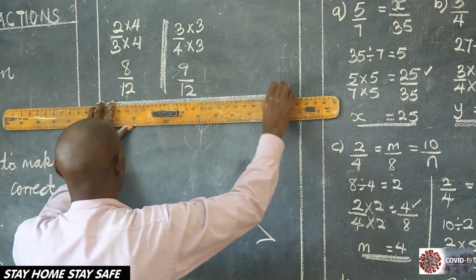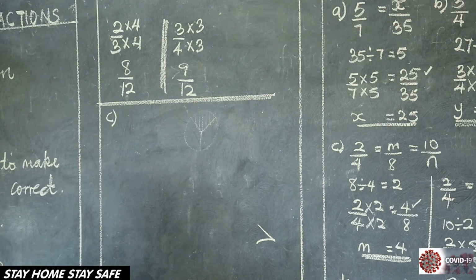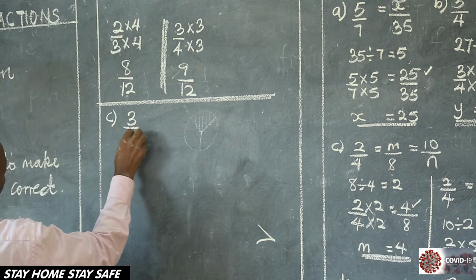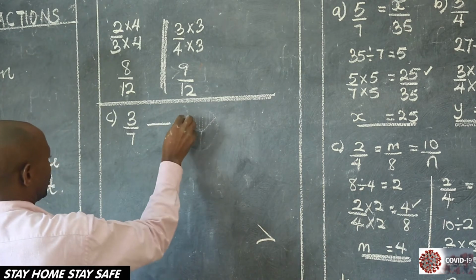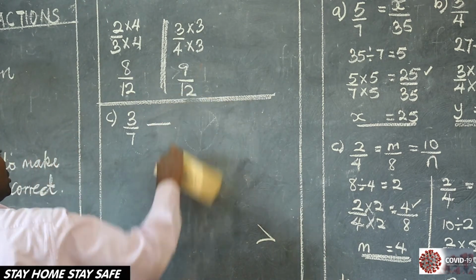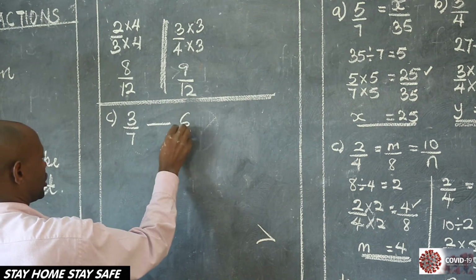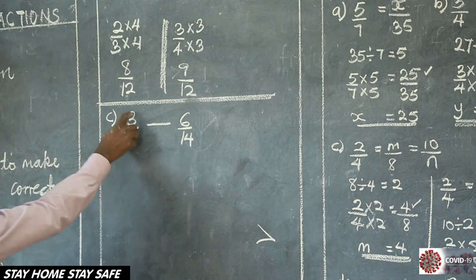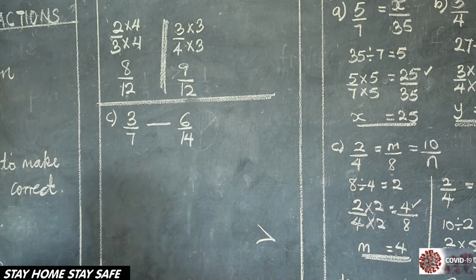Let's have another example whereby we are comparing 3 out of 7, dash, 6 out of 14.